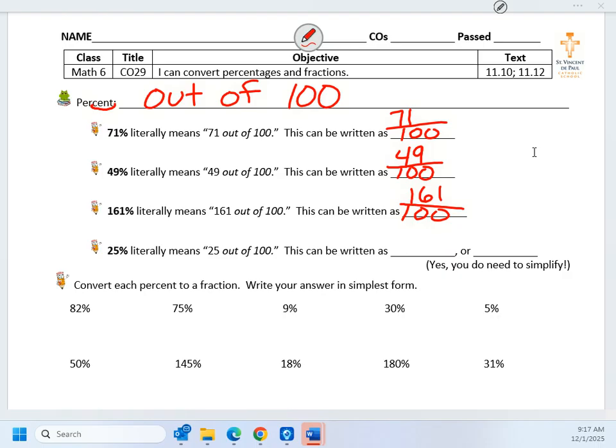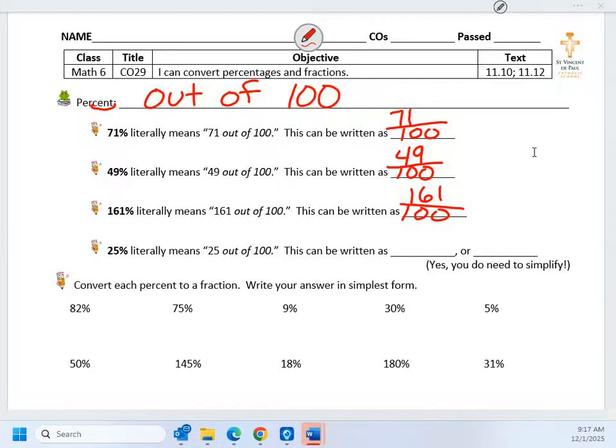So think about a test. If you got all of your answers correct on the math test, plus you got the 2 extra credit points, you're earning more than 100%. So that percentage is bigger than the 100. You might end up with like 106%. So that would be 106 over 100.